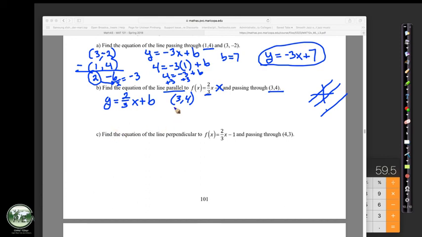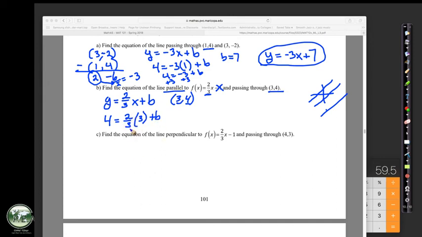Okay, so we do like we did before. Again, plug the x in for x, the y in for y. So this one we've got 4. Y is 4. We've got 2/3. We're going to plug in 3.